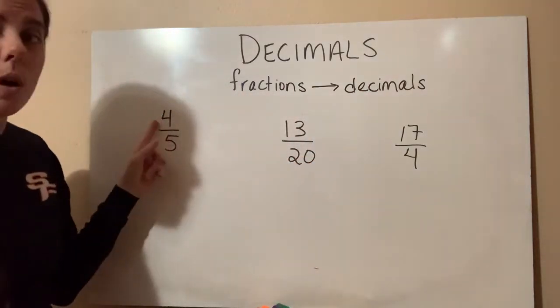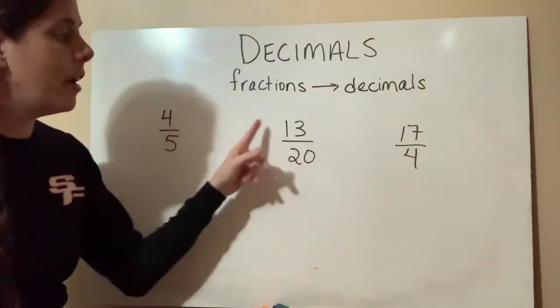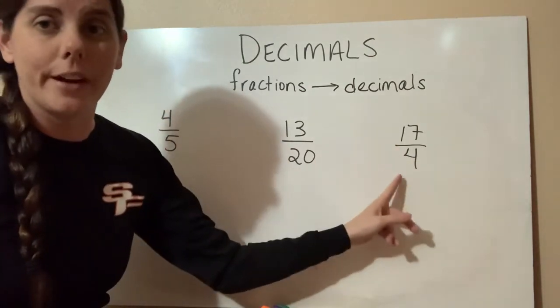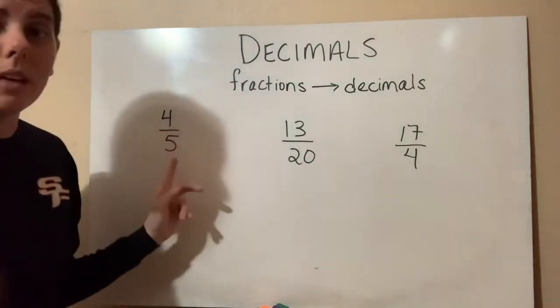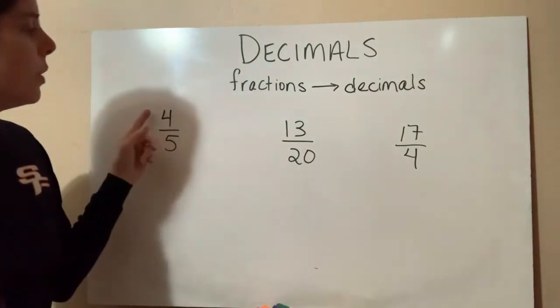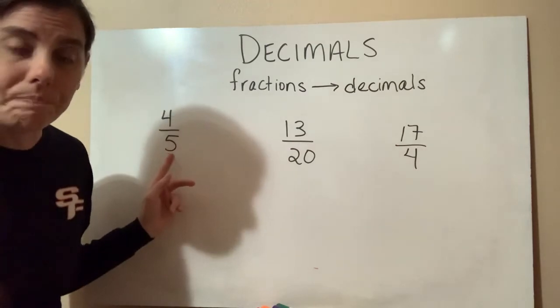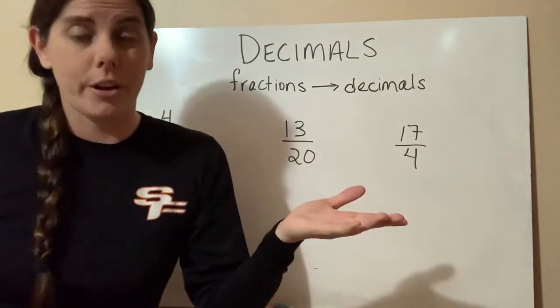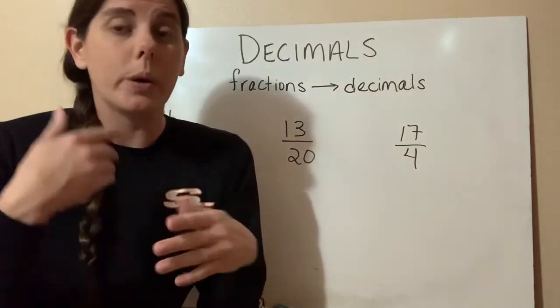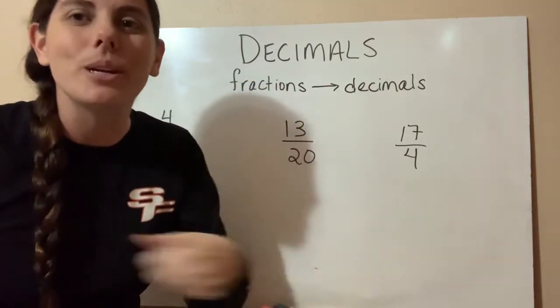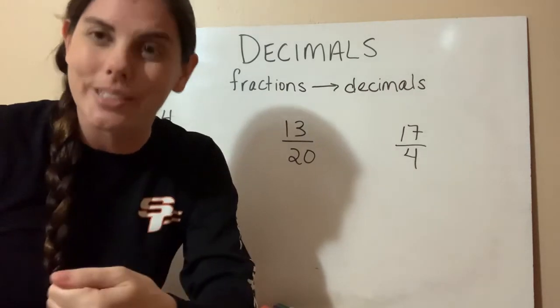Just do 4 divided by 5, 13 divided by 20, or 17 divided by 4. Each of these is just a division problem, with your top being your dividend and your bottom being your divisor. I'm telling you that so that when you do this by hand, you can use your calculator to check your answers.